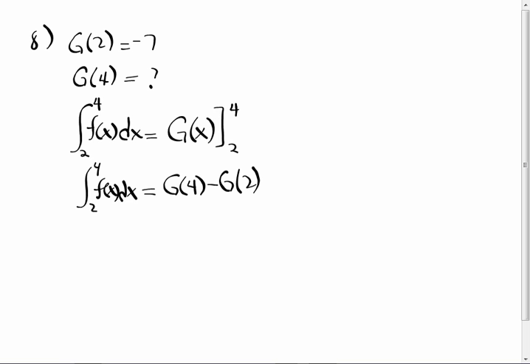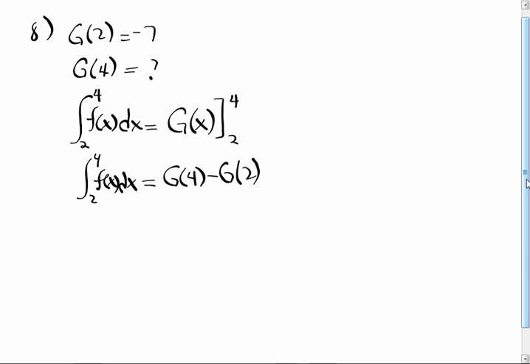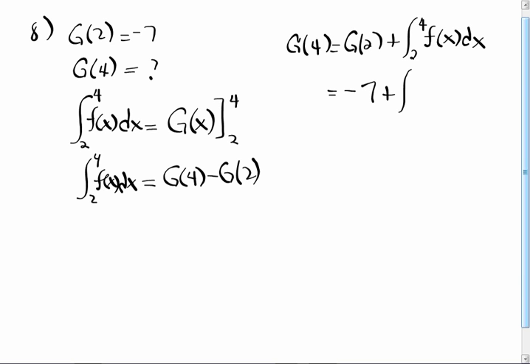That's the fundamental theorem of calculus right here. If you see an integral with limits on it, you just find the antiderivative and evaluate it at 4 and 2. So solving for g of 4 here, g of 4 is equal to g of 2 plus the integral from 2 to 4 of f of x dx. And what's g of 2? -7. Then you look through your answers.